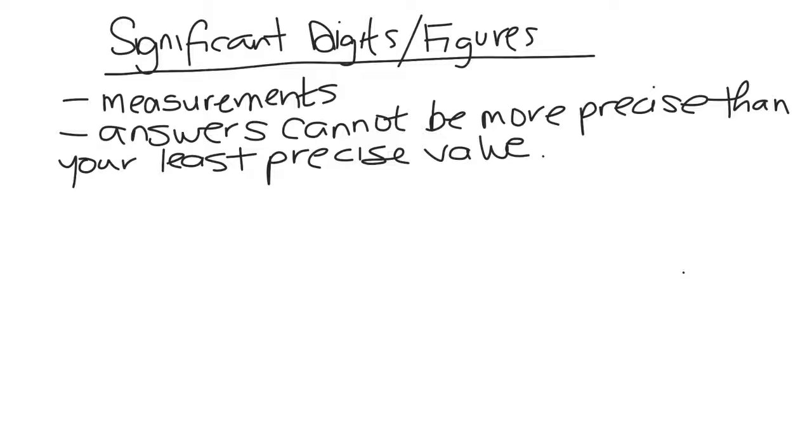And it's not the same thing as accurate. Accurate means you got the right answer. Precise, how close you are. Okay? So, who's significant? Numbers 1 to 9 are always significant.